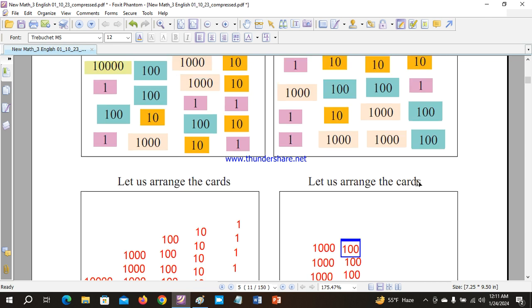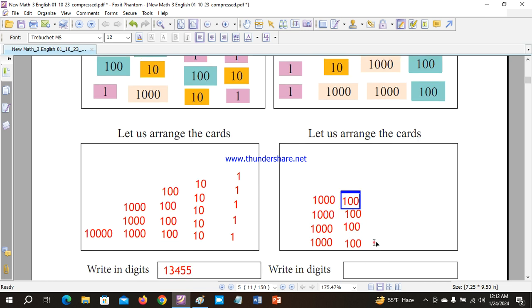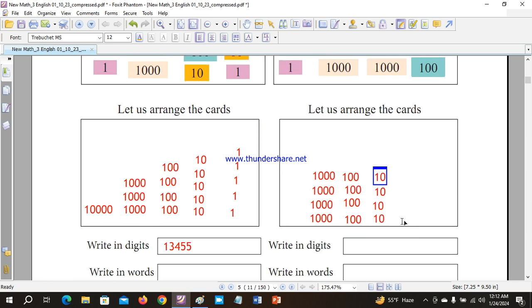And tens are 1 2 3 4, only 4 tens, and ones are 1 2 3 4, 4 ones.